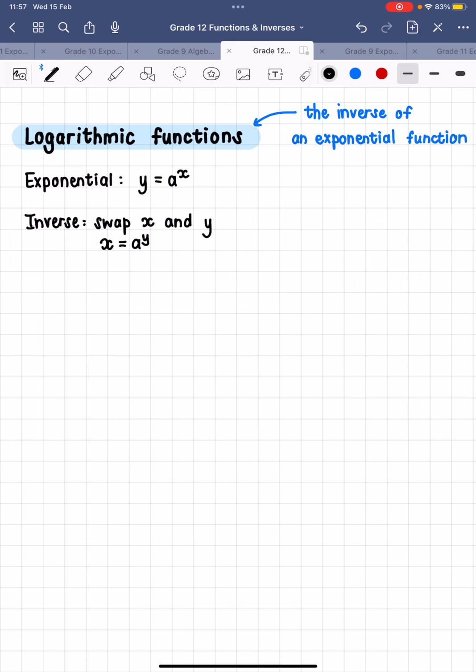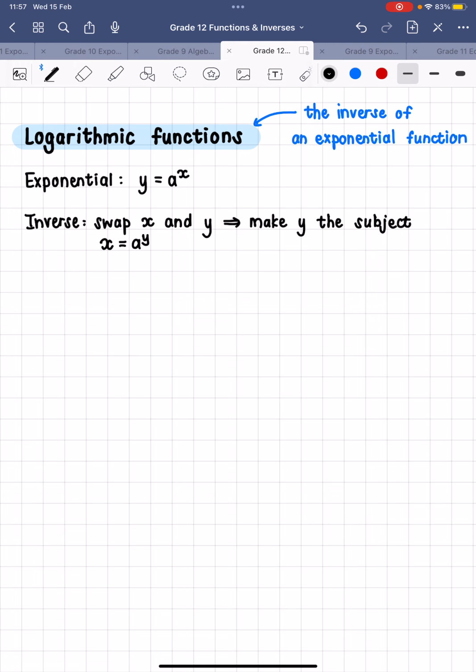That is the first step of finding the equation of any inverse: swapping x and y in the equation that's given, and then you have to make y the subject of the equation that you get once you've swapped your x and y around.